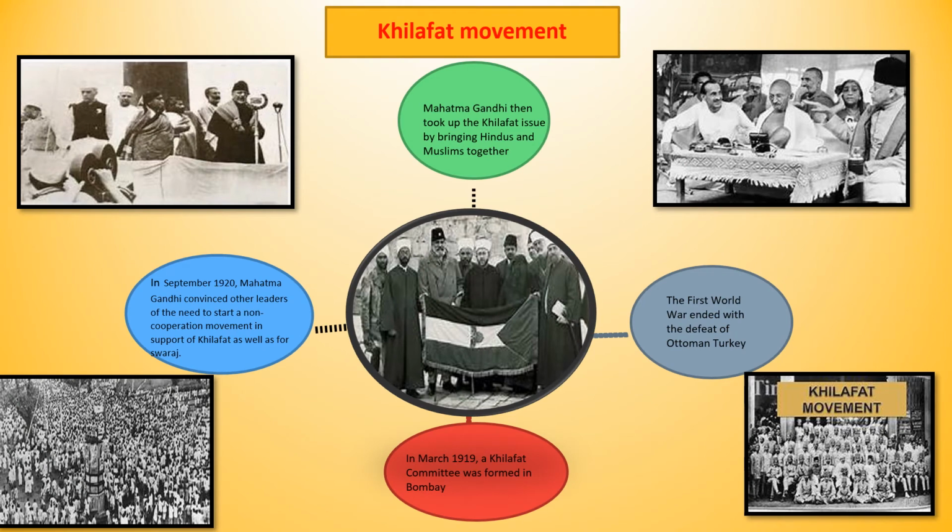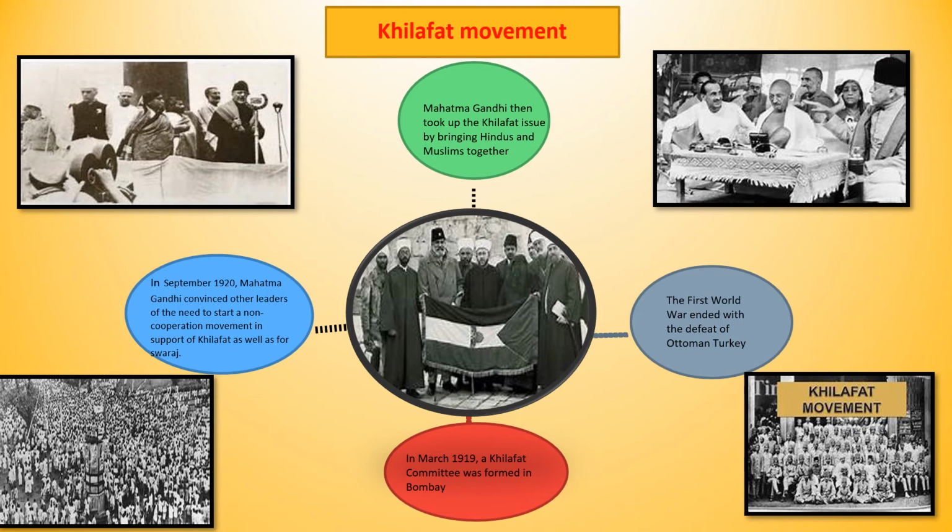The Khilafat movement. Children, as we have seen in the earlier chapter, the Ottoman Empire was badly defeated in the First World War. There were rumors about a harsh peace treaty likely to be imposed on the Ottoman emperor, who was also the spiritual head of the Islamic world, the Khalifa.